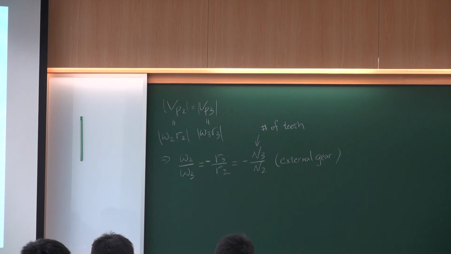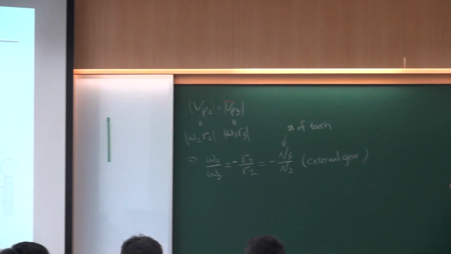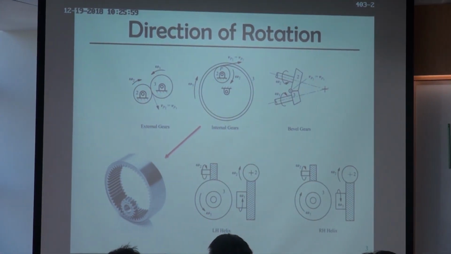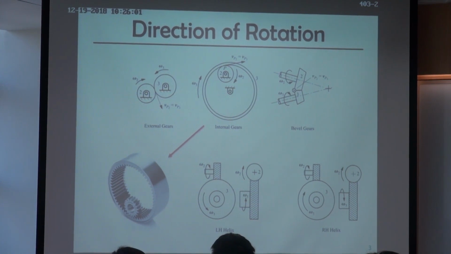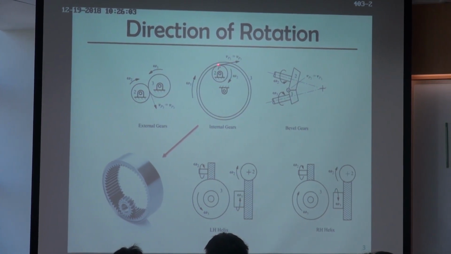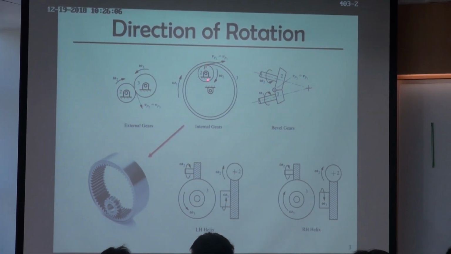For an internal gear, it should follow the same rule. The contact point should have the same speed with respect to link 2 or link 3. You still need to follow this relationship, because there's no slipping between these two gears.